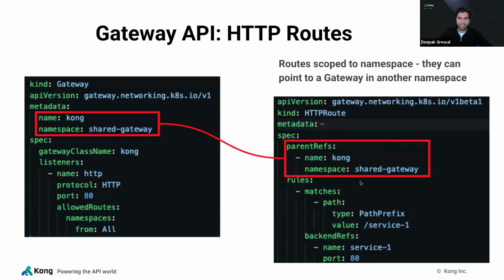So I've deployed the shared gateway, and within one of my namespaces, I define a route called /service1, and in the parentRefs, I point to that shared gateway. So this is how you would define routes on a shared gateway. You point it to that particular namespace.